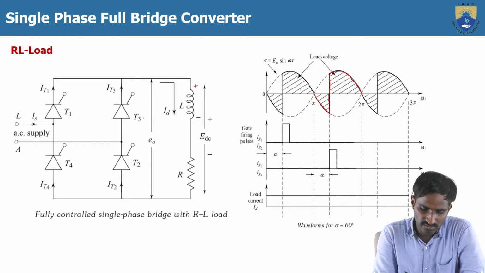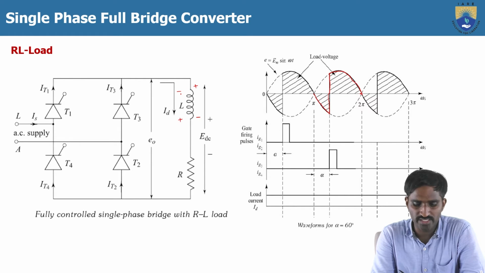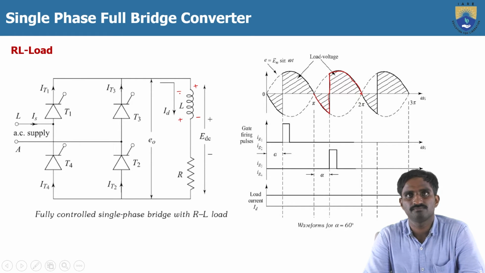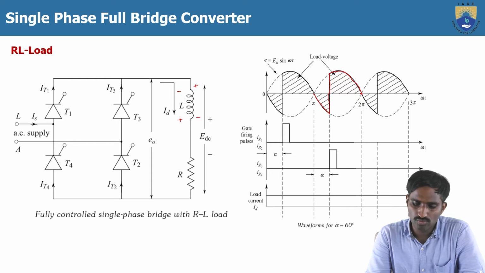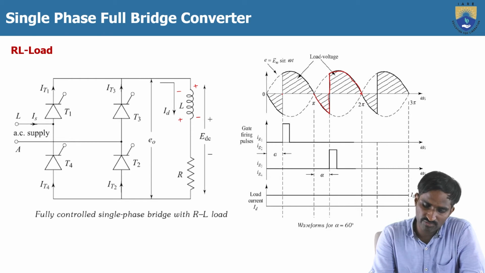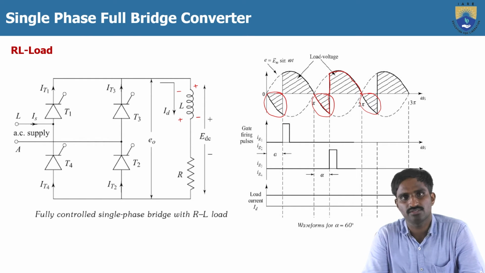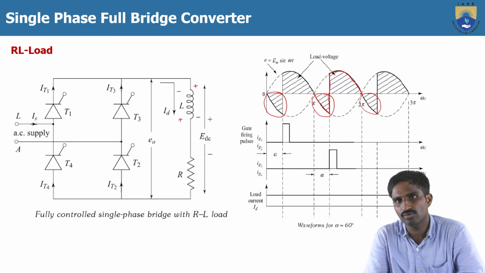When it reaches 2 pi, the inductor will discharge by changing its polarities to minus and plus. So you get the negative portion for a particular duration, around alpha.